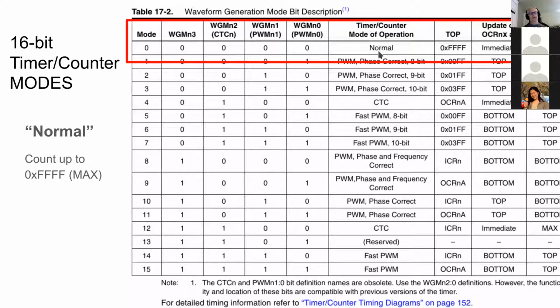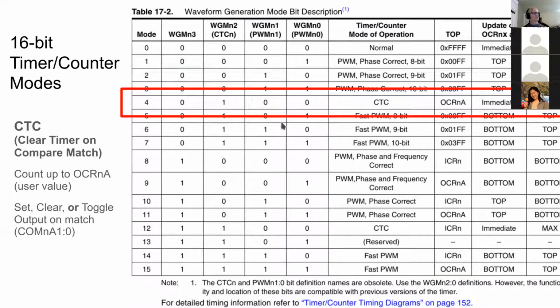That just means that the counter counts all the way up, whatever its clock pulse rate is, it counts all the way up to its full value, 65535, and then starts over. And if you want, you could measure time by reading the clock, but you have to know how often it rolls over for longer times. It's a very simple mode, though.